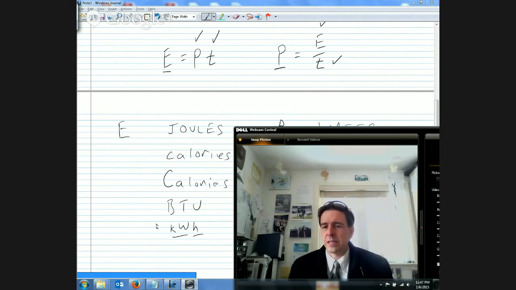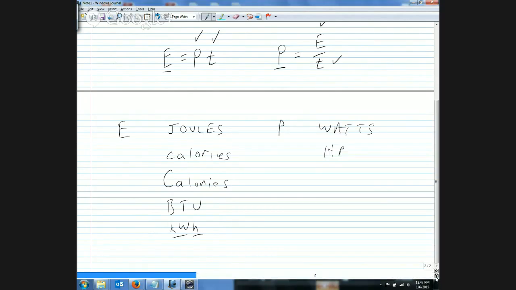Okay, and now let's dig one step deeper and look at the difference between units and dimensions. And this is something that if you don't get it right now, just come back and watch it later, because it's kind of subtle. And then we'll get to some examples. Okay, so what I've shown are units. I'll just write units at the top here, with energy on the left and power on the right.